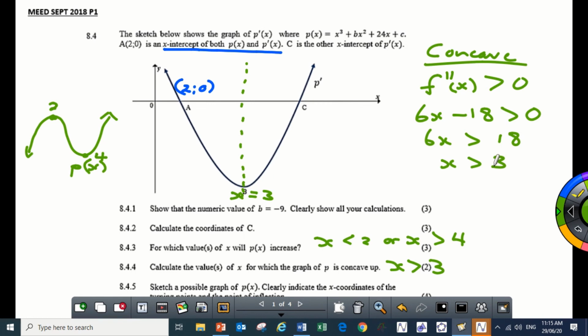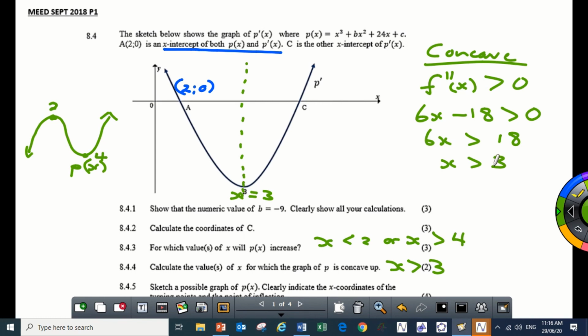Another way, let's say you were not given the quadratic function, but you know the x value at the maximum turning point and at the minimum. I hope you are aware. I'm not sure whether I told you this, but you can find the x value at the point of inflection by adding the x values at the turning points, then dividing by 2. How many of you are aware of that?